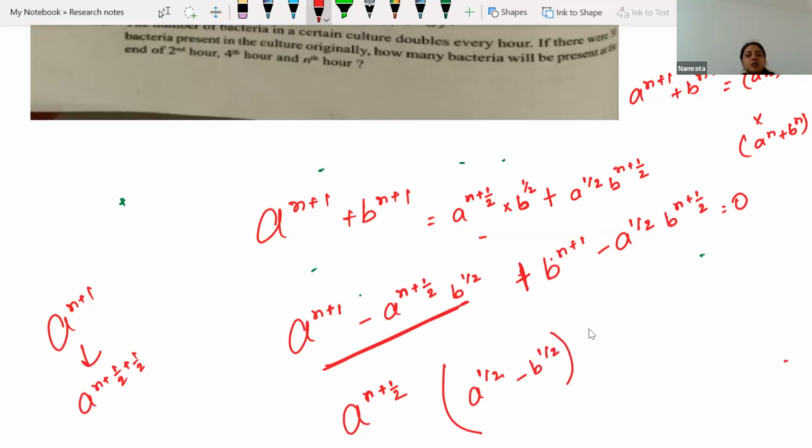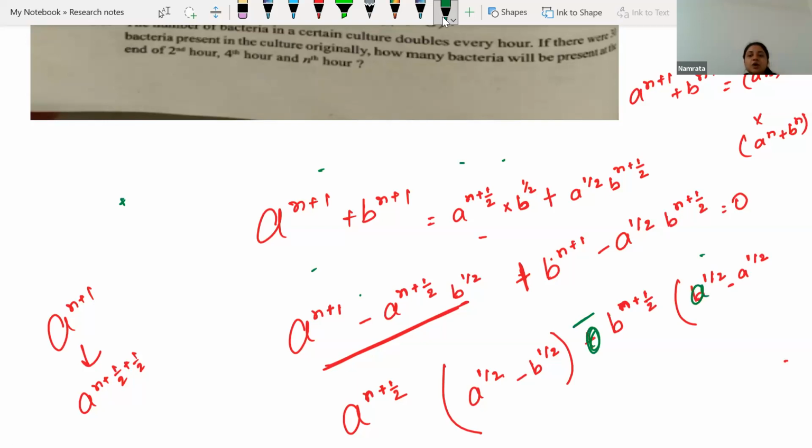Similarly, b to the power n plus 1 by 2 we can take out as common, and we will have b to the power 1 by 2 minus a to the power 1 by 2. We want to keep both brackets the same, the way we do in factorization, so we can take out negative common from here.